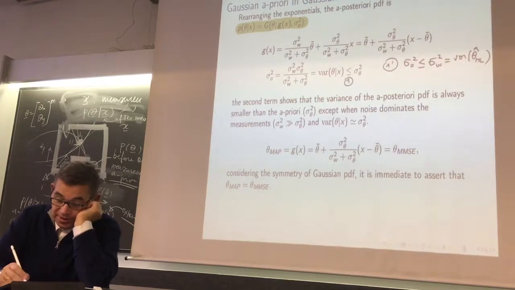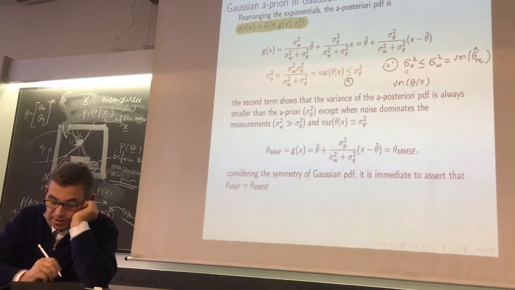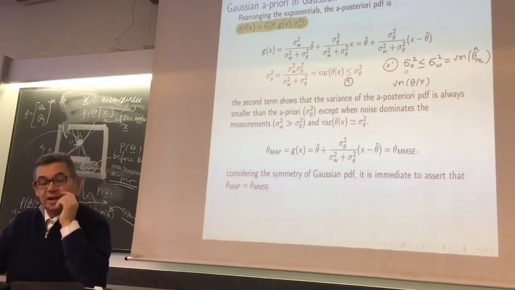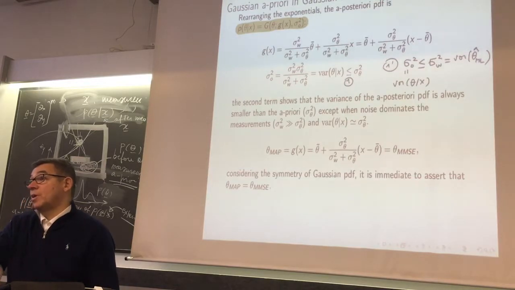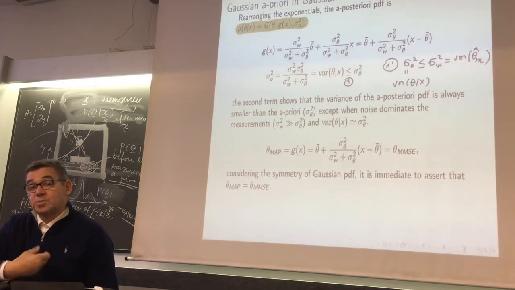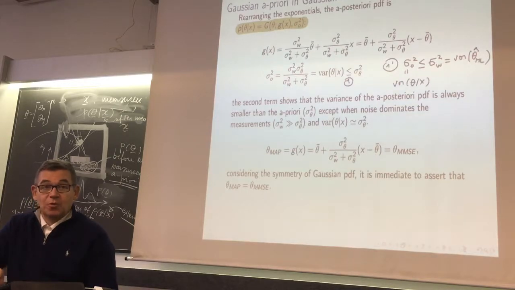So, since sigma 0 is equal to the variance of theta given x, the variance of theta given x is smaller than the variance of the maximum likelihood, which means using the a priori reduces the variance, which means using the a priori is making the estimate better. Okay? That's why I say 1 prime.